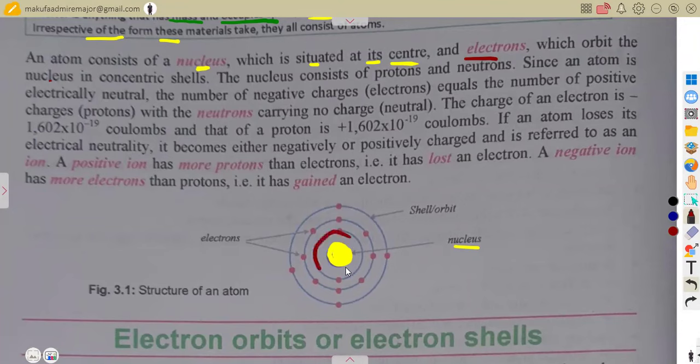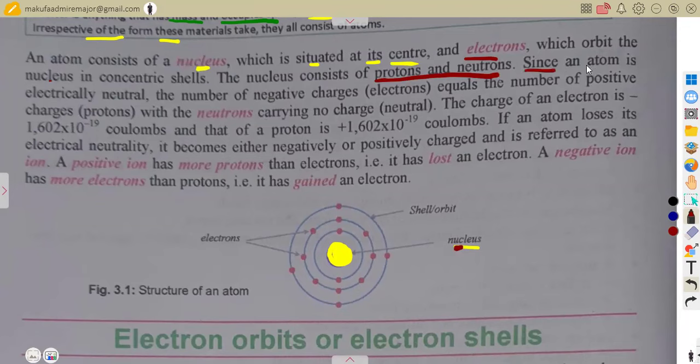The nucleus consists of protons and neutrons. The number of protons you have is also the number of electrons. The neutrons are electrically neutral.